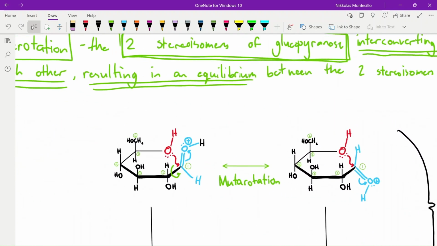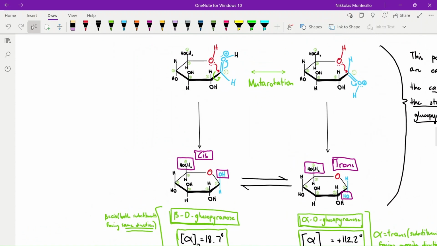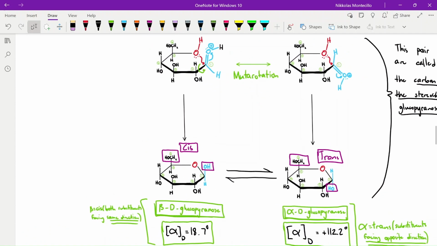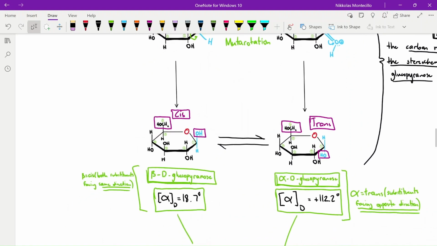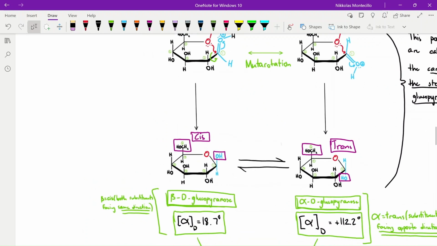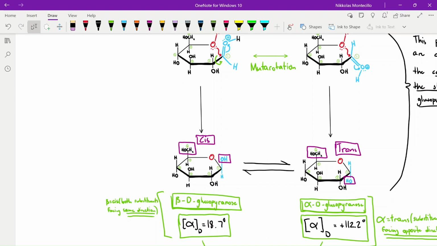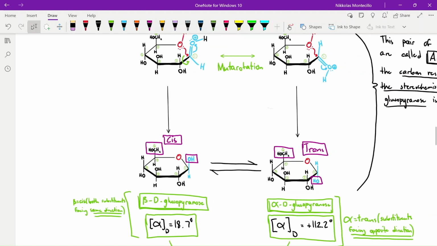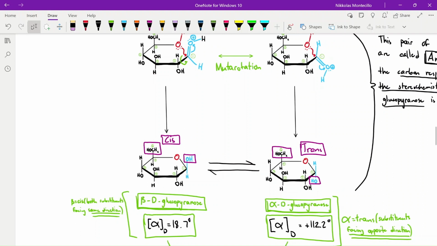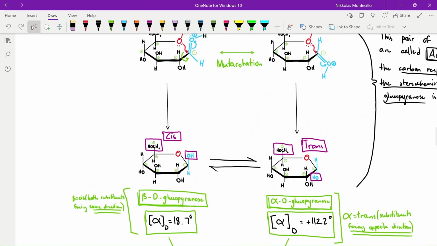And as I said before, because the bond between carbon 1 and carbon 2 exhibits rotation, we can see that one of the pair exhibits a greater degree of rotation here.